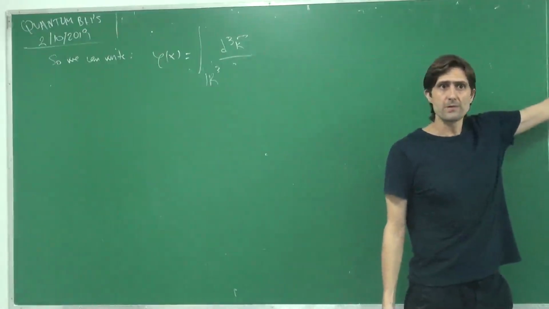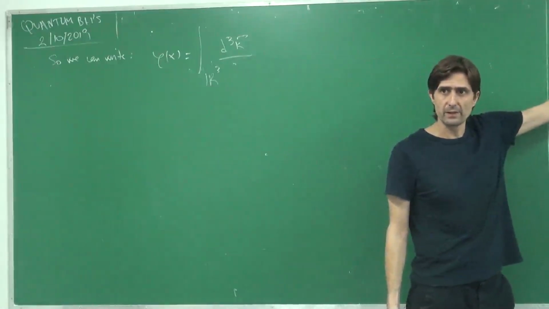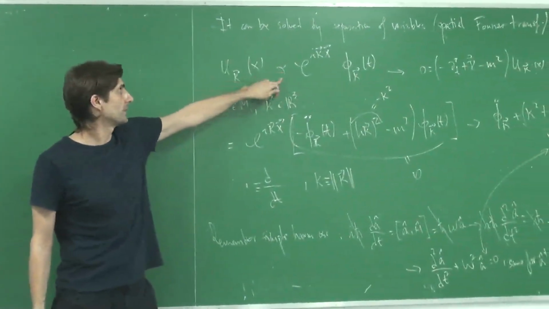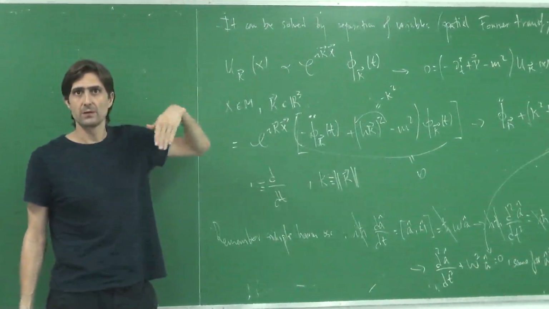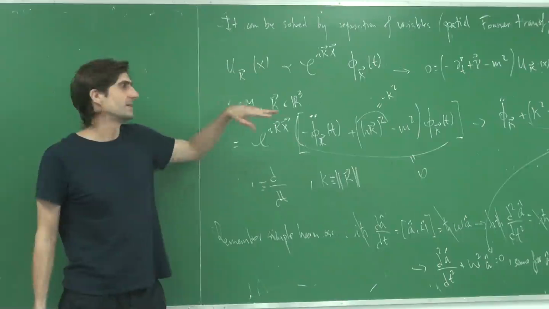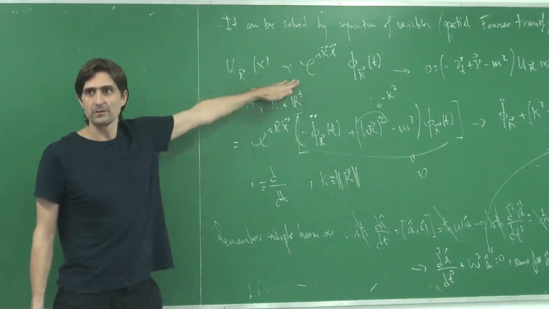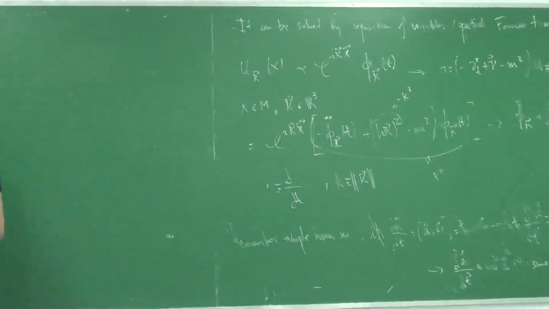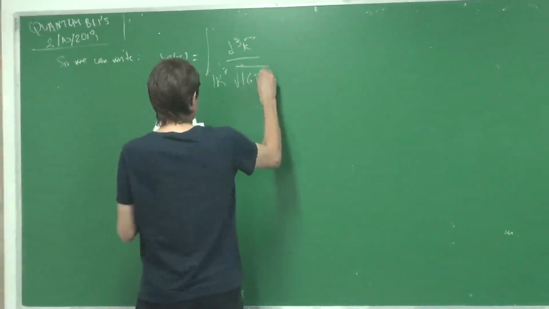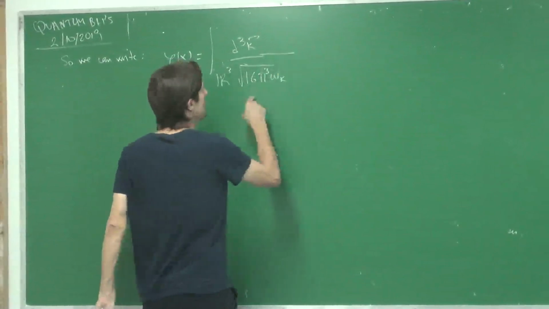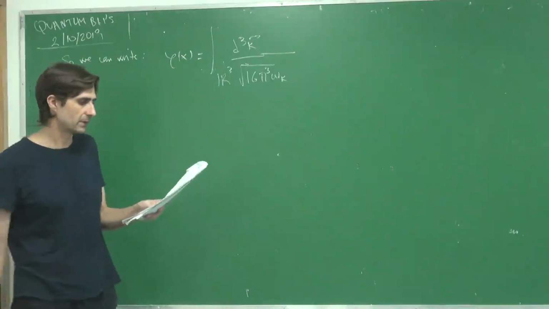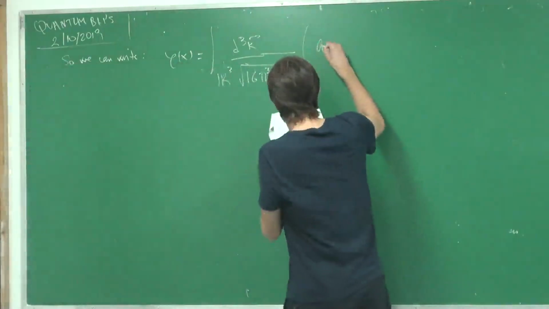Proportional, because I haven't normalized it in any specific way here. We'll look at that in a second. This proportionality sign gives you a factor which is independent of the space-time point. So I'm going to include here some factor. I'll justify this later. There's just a normalization we don't really need to care about for now.